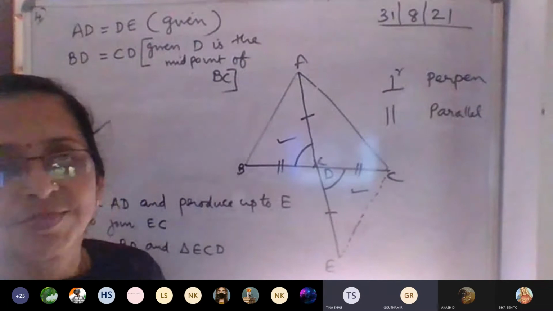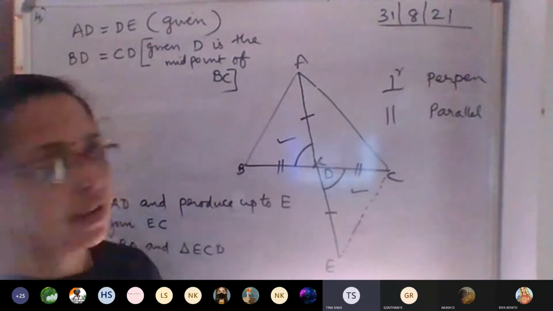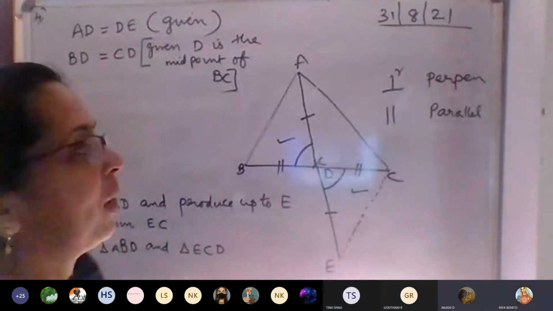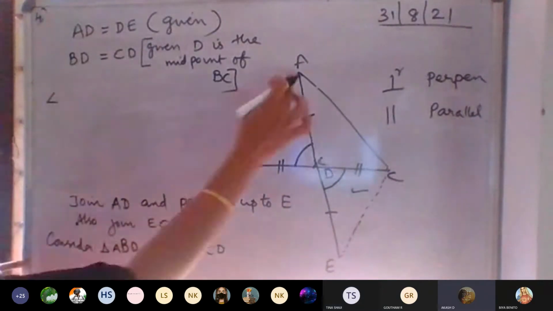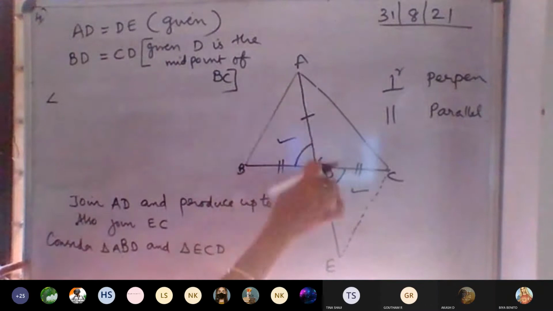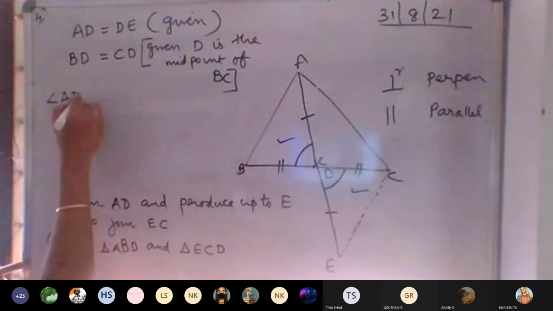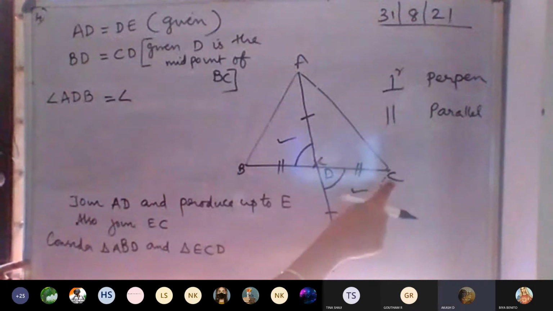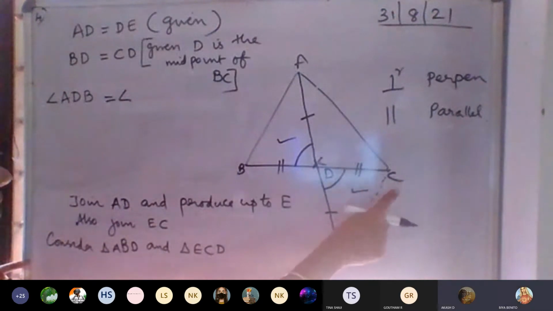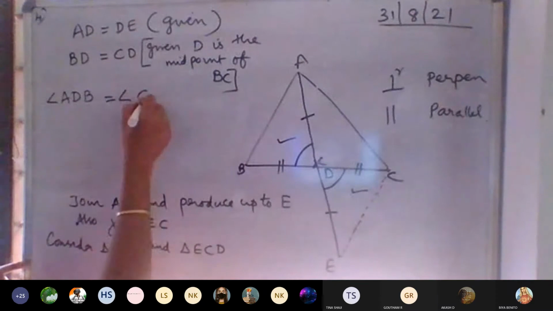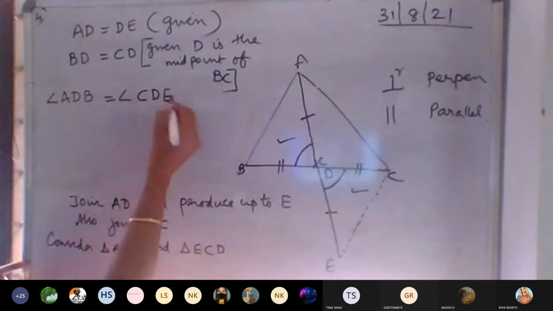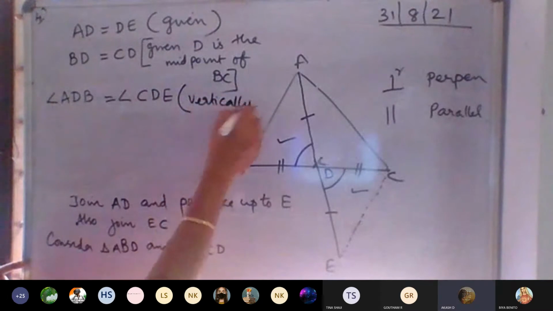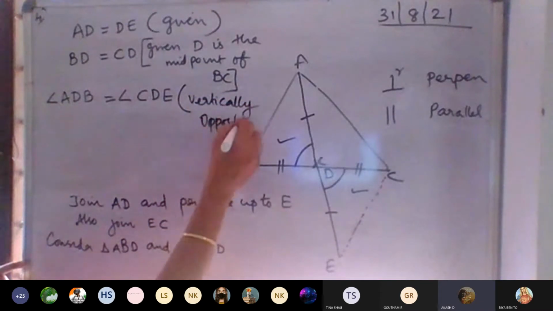Vertically opposite angles are equal. If you are considering triangle ABD, angle ADB is equal to angle CDE, vertically opposite.